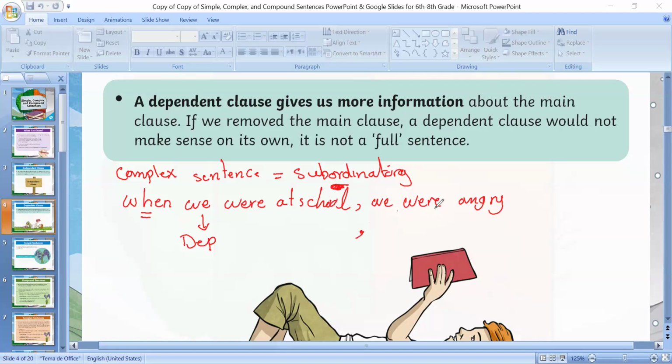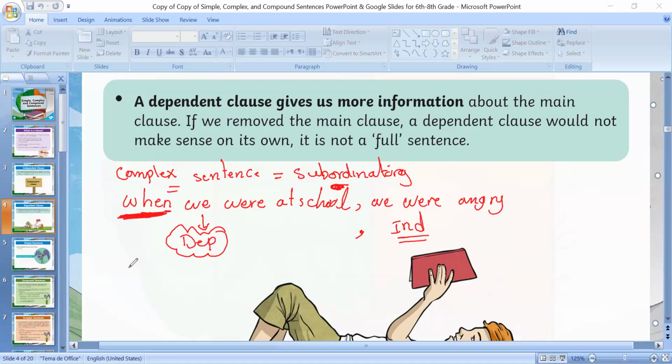Comma, we were angry. This is an independent clause. So what is the complex sentence? It's a sentence that consists of a dependent clause, which includes a subordinating conjunction, and an independent clause.